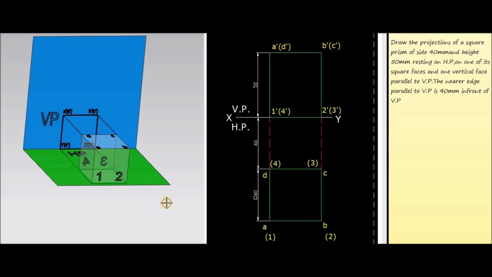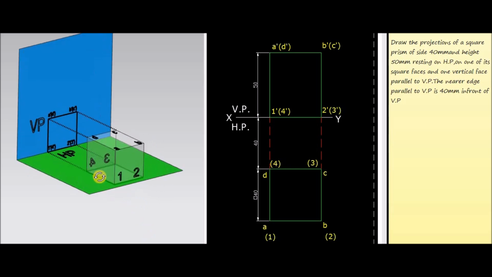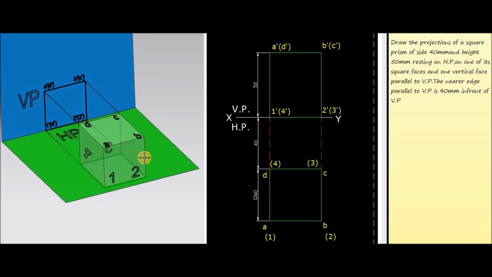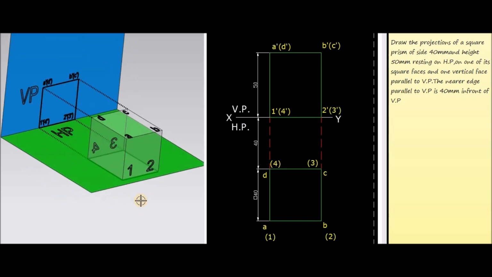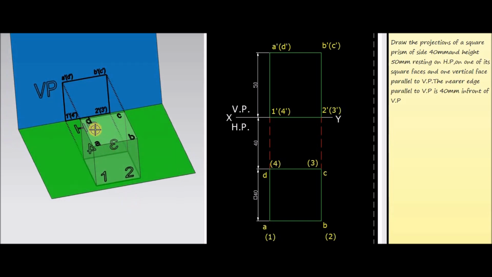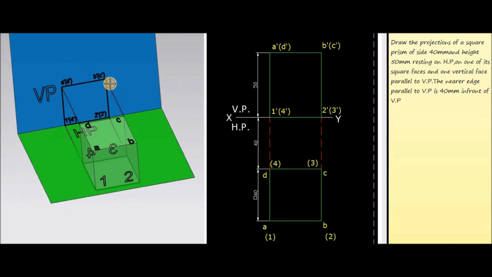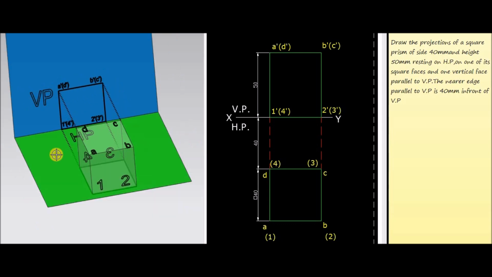When we are looking from the front side, we can see that the corners D, C and 3, 4 are not visible because these corners are behind the corners 1, 2, B, A. So we have to represent the corners D and C in the front view inside the brackets, and the front view letters are always represented by dashes. That means A dash, B dash, C dash, D dash.